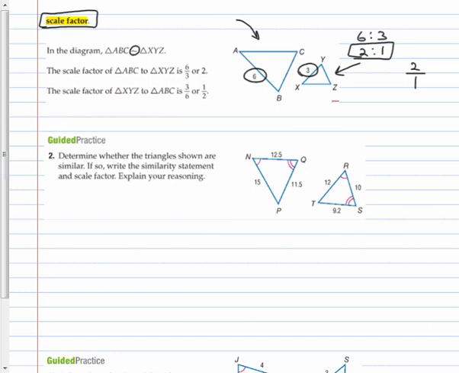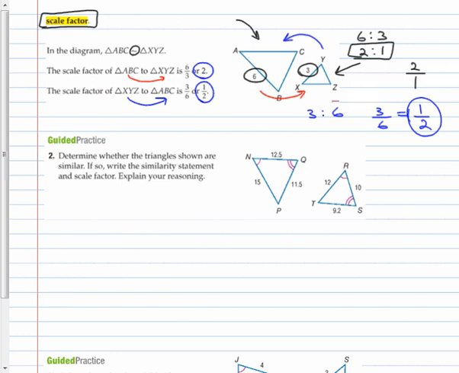If they wanted the other order, notice this is triangle ABC to XYZ, so I went left to right, 6 to 3. But if they say XYZ to ABC, that is 3 to 6, which reduces to 1 to 2. 1 to 2 is the other scale factor.